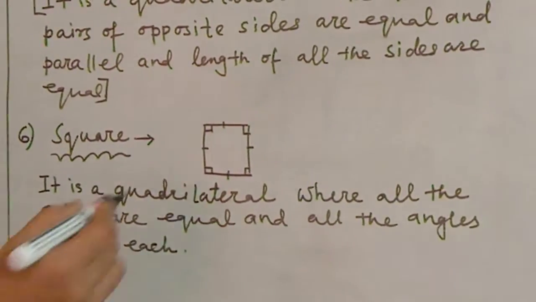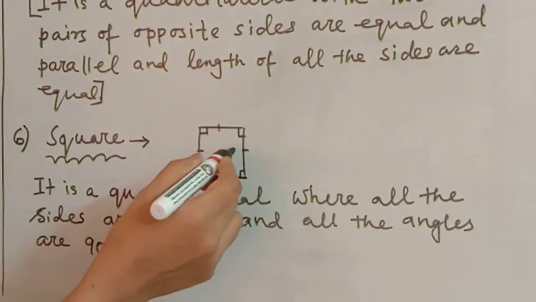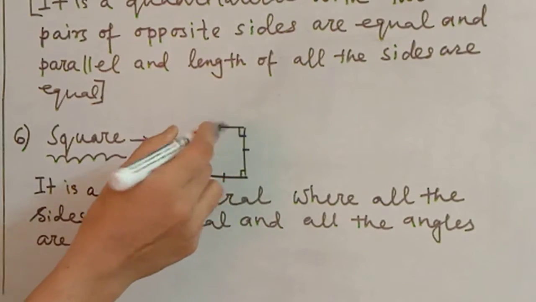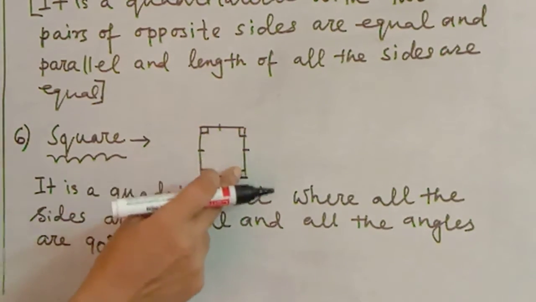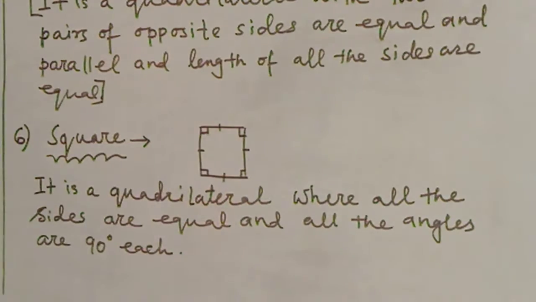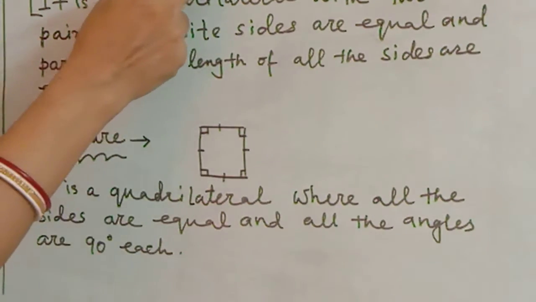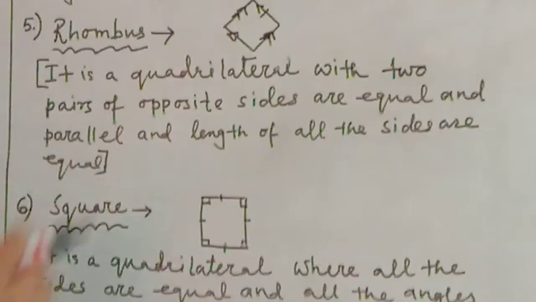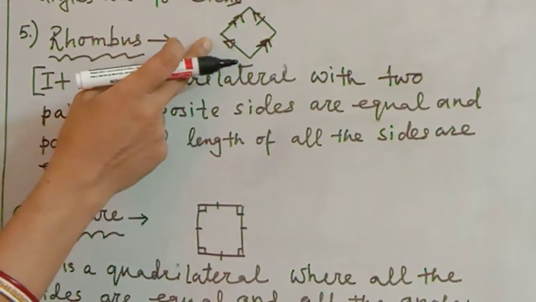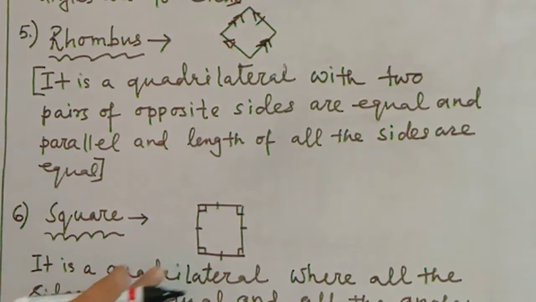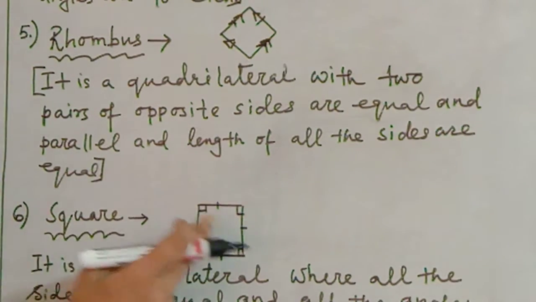Now come to the last kind of quadrilateral. It is a square. Here all the sides are equal, opposite sides are equal and parallel, and all the angles are also equal, that is 90 degrees. In a rhombus, all the sides are equal, but the angles are not 90 degrees. It is not necessary that in a rhombus the angles will be 90 degrees, but in a square the angles must be 90 degrees.